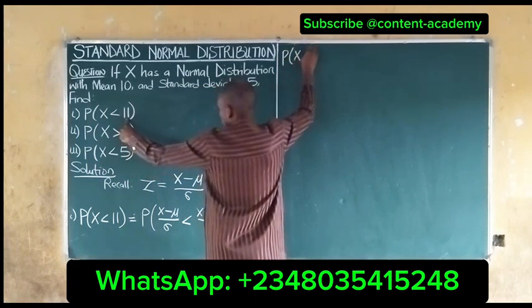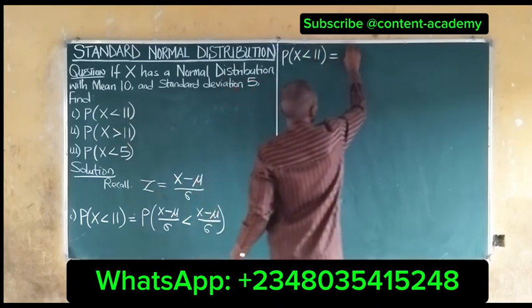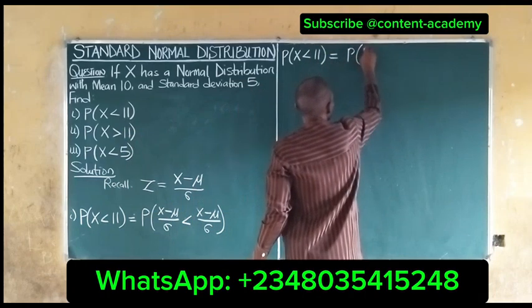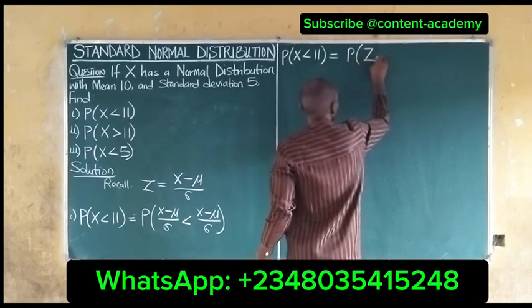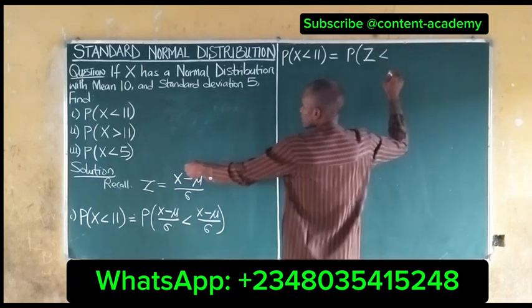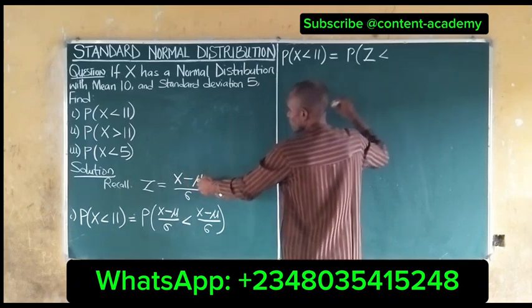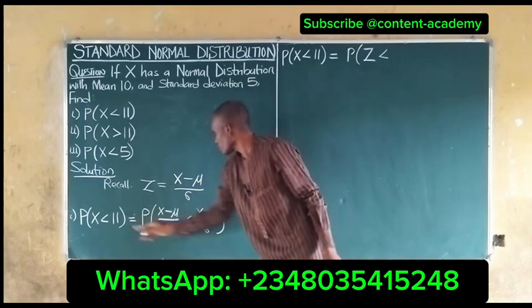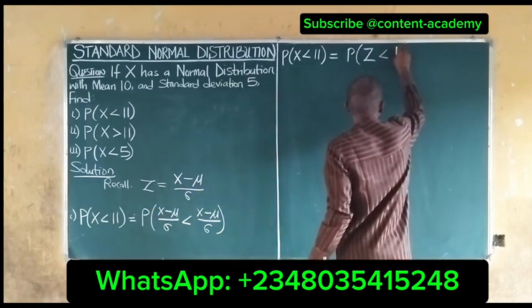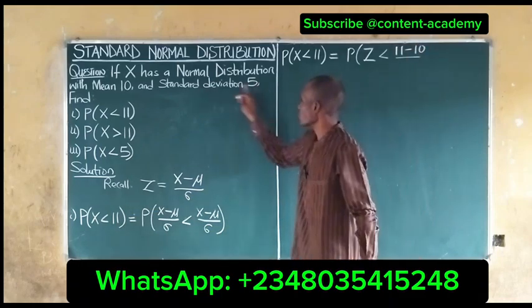So we can now write our probability of X is less than 11 to be equal to the probability of Z is less than (X minus mu) over sigma. We have mu, which is 10, and X to be 11. So we say 11 minus 10 all over our standard deviation, which is 5.